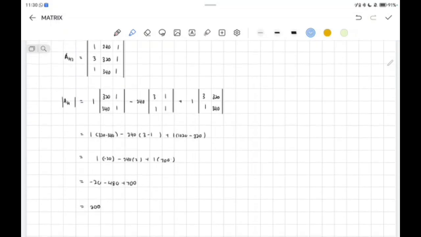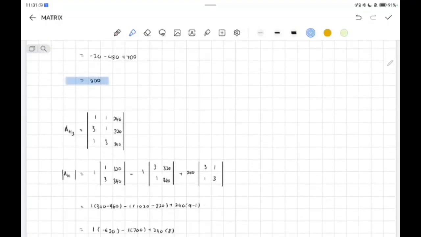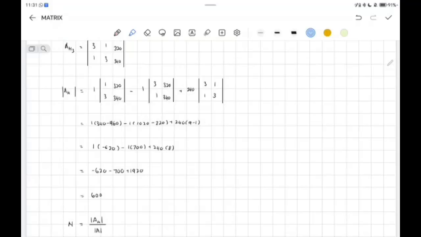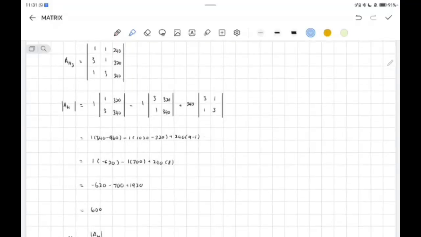Next, for n2, I got the determinant of n2 is 200. And lastly, for n3, I got the determinant of 600.